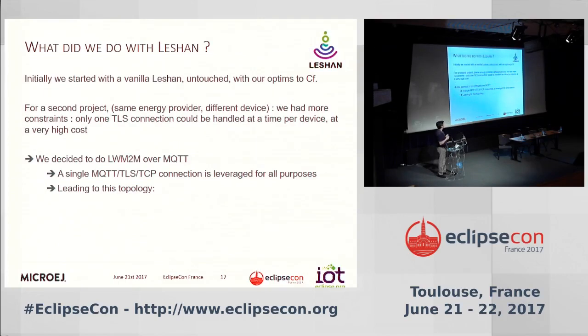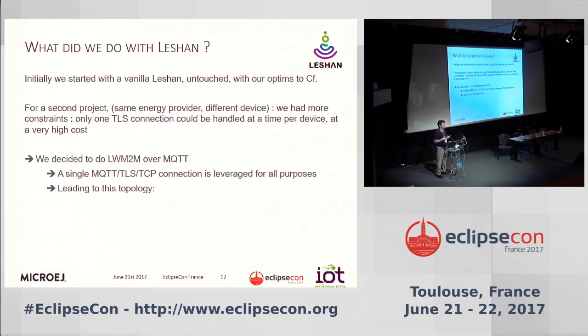Leshan, what did we do with Leshan? Actually, it was in the same context. We started with Leshan and Californium, and then the same energy provider asked for an even more constrained type of device in an even more constrained environment. So in this context, we could only afford a single TLS connection from the device to the backend.